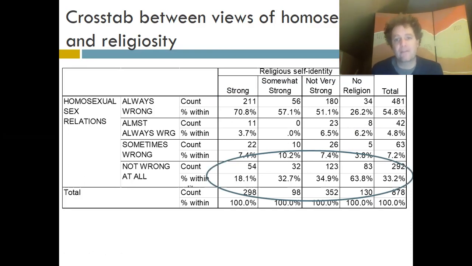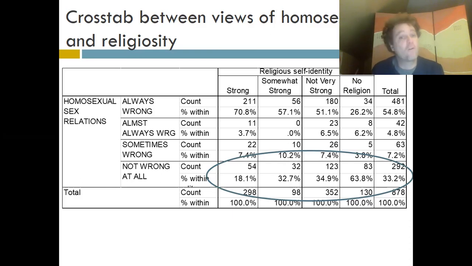We could do the same thing for not wrong at all. Here we see the reverse trend. Somebody who is strongly religious, 18.1% think it's not wrong at all. As their religiosity gets weaker, they're more likely to think it's not wrong. Somewhat strong, 32% think it's not wrong at all. Not very strong, 34% think it's not wrong at all.